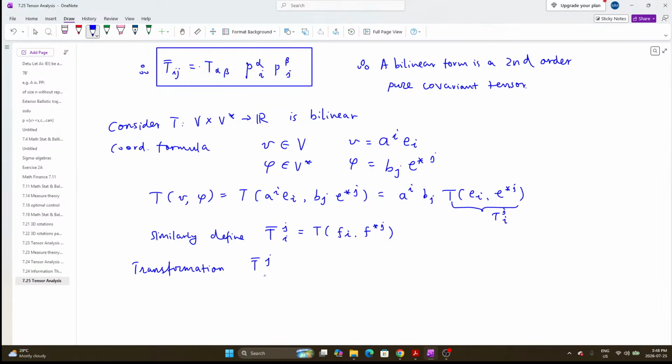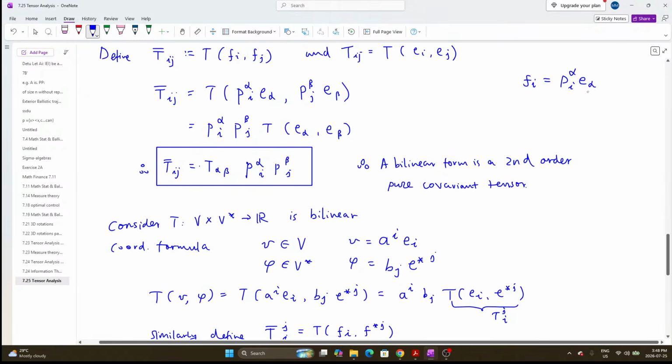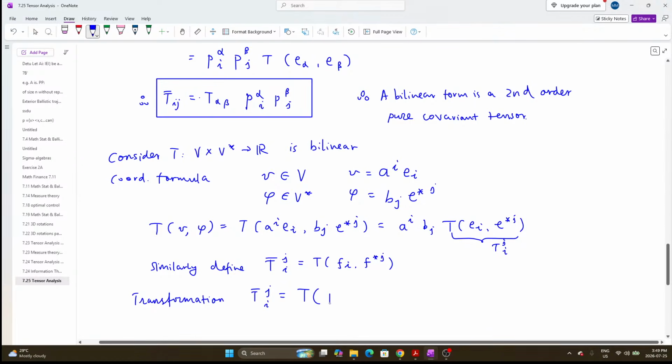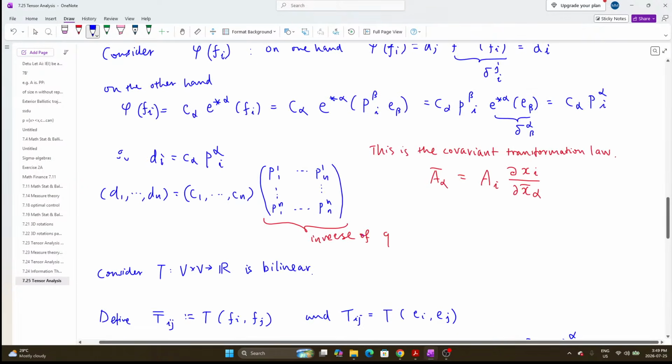There's no mystery here. So by definition, what is f_i? f_i is the formula we had earlier: P^alpha_i e_alpha. What is f star j?